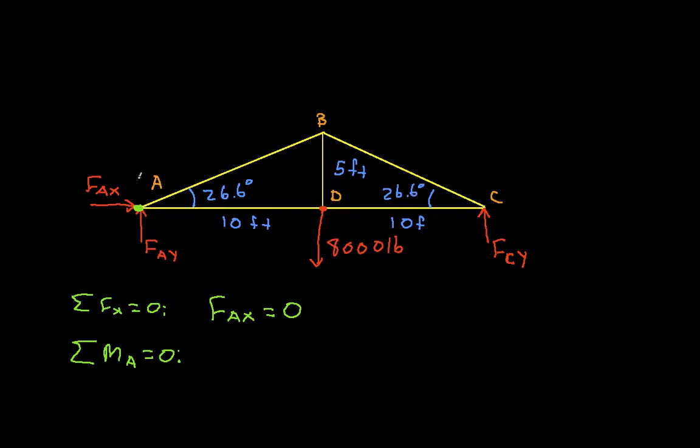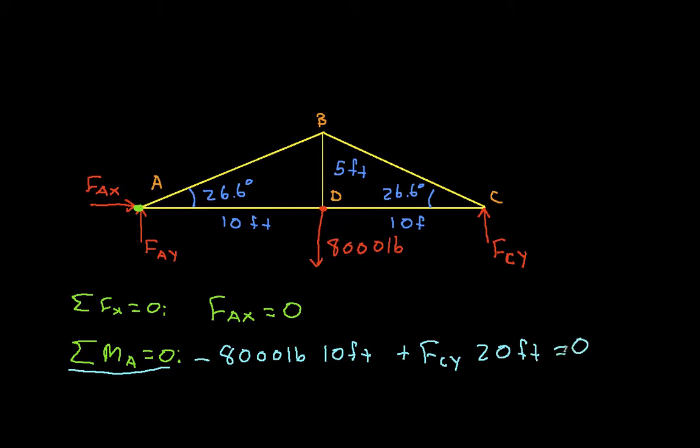Computing moments about A, this 8,000 pound weight is going to have a moment arm of 10 feet about A. So I've got 8,000 pounds times 10 feet, and that is negative because it's clockwise, plus FCY is going to have a moment arm of 20 feet, and this has to be equal to 0.